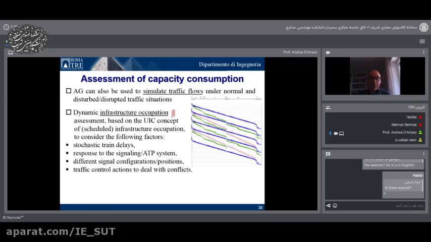And also, this is special from the alternative graph, that we can also deal with the different traffic control actions, because we can not just simulate traffic flows, but we can also reorder trains and reroute trains.